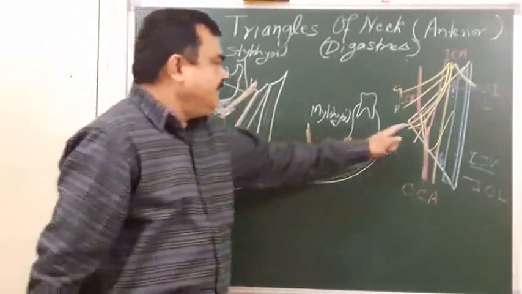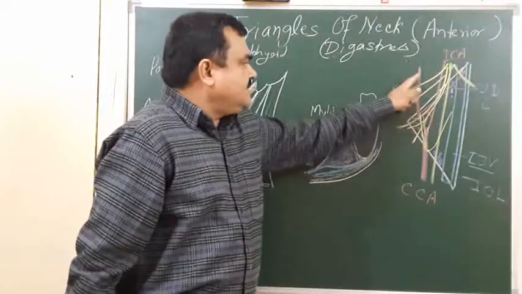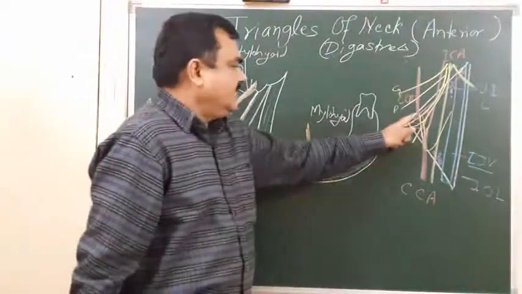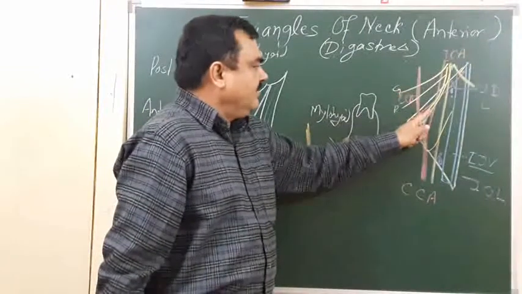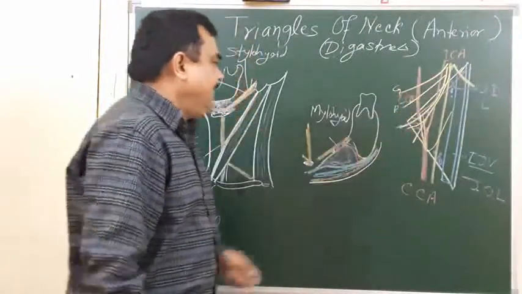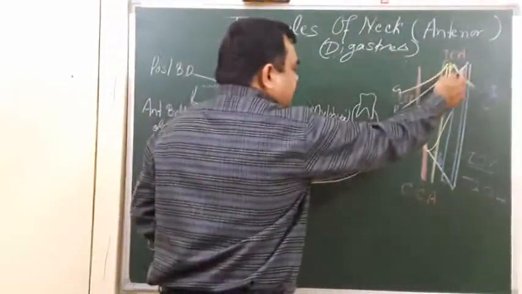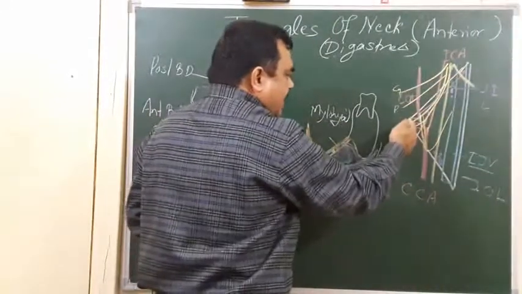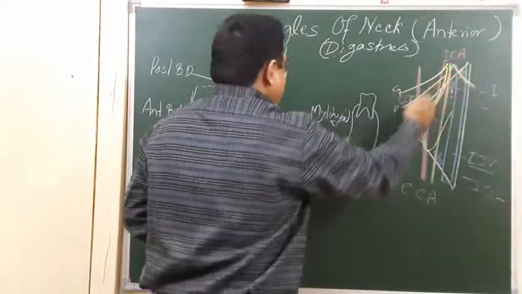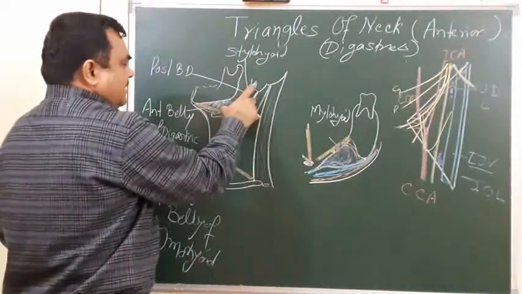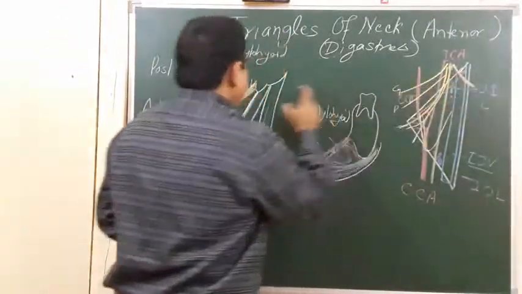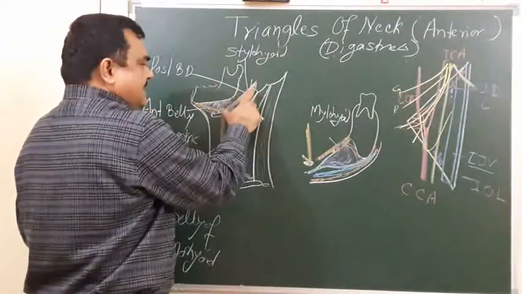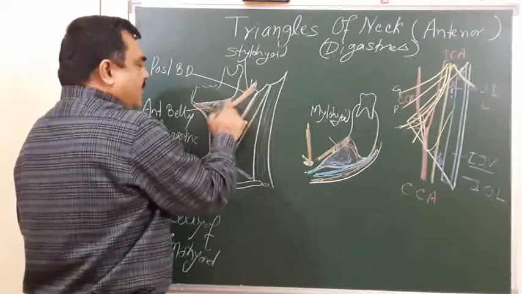These contents are here: the external carotid artery. This is the external carotid artery. Here is the internal carotid artery. This is the boundary, the line of this muscle that lies here, that is the posterior belly of digastric and stylohyoid.